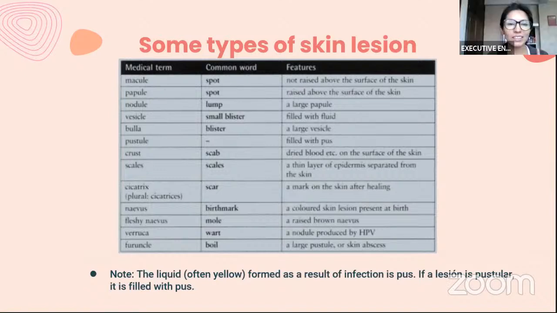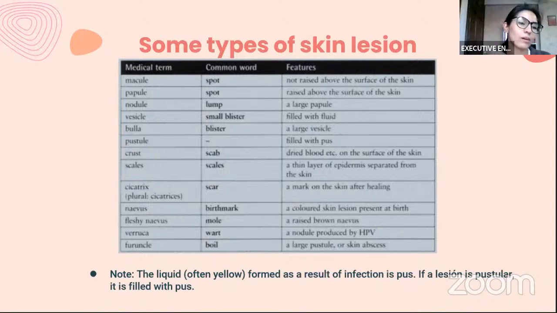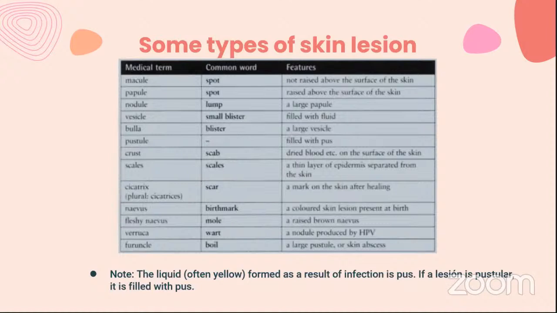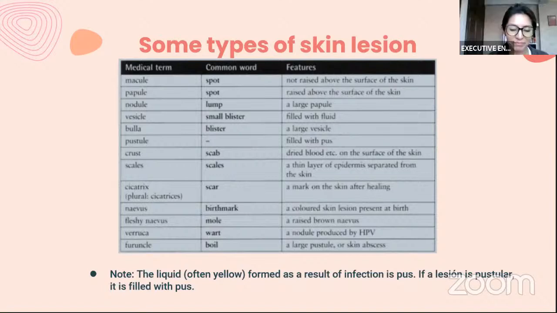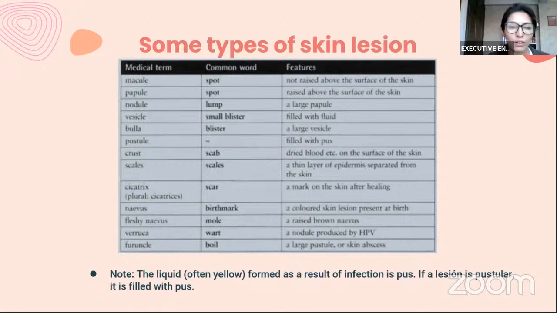I want to hear the sound of the pronunciation of verruca. Oh, just like in Spanish, verruca. It's almost the same. Teacher, the meaning of boil on the internet is hervir, but as a lesion, I don't know. Furuncle, yes, the last one. Boil, a large pustule or skin abscess.